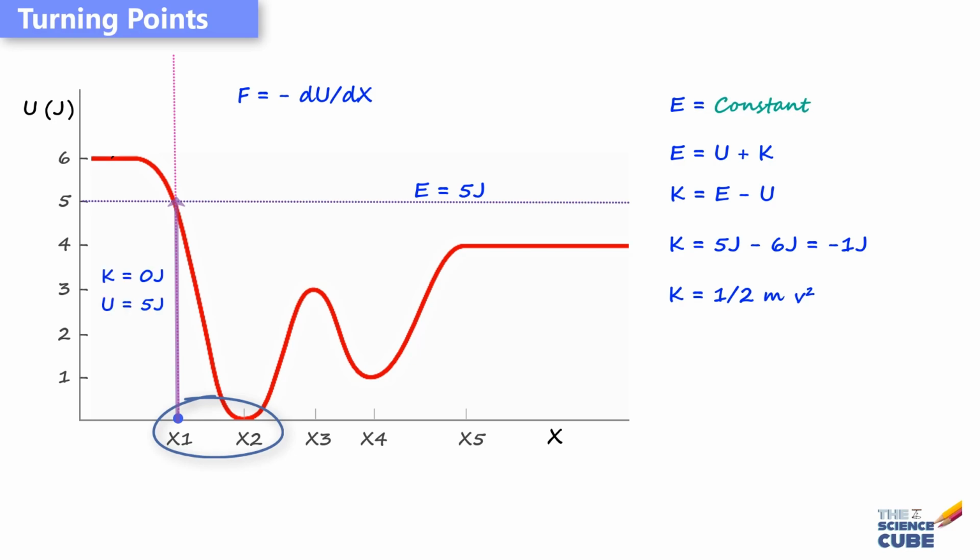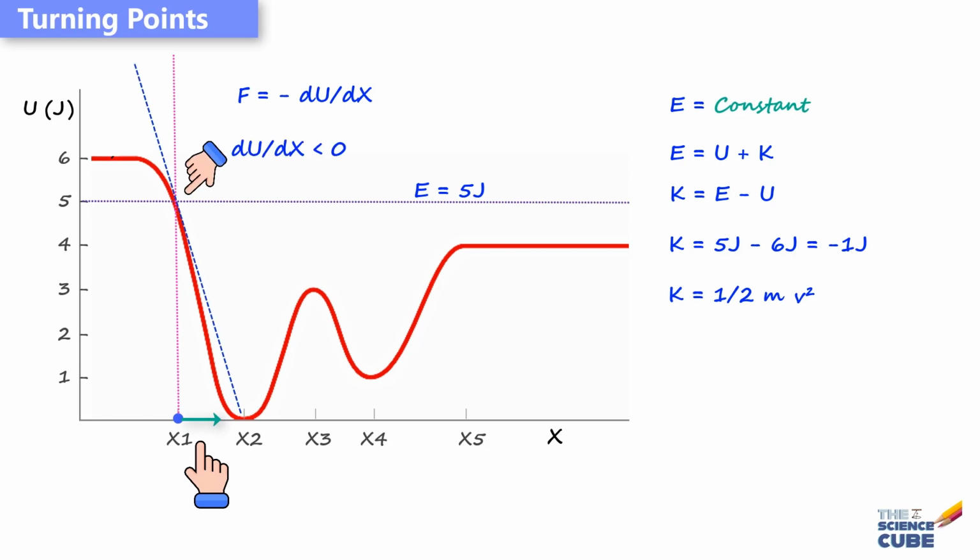Now, something even more interesting for you. That is, when the particle reaches x1, the force on the particle is positive. And why so, you ask? Well, you see, it is because the slope dU upon dx is negative at this point, and therefore this equation makes the force positive. This means the particle does not stay at x1, but instead begins to move to the right because of this force in a direction opposite its earlier motion.